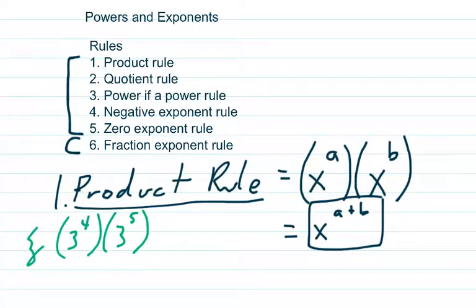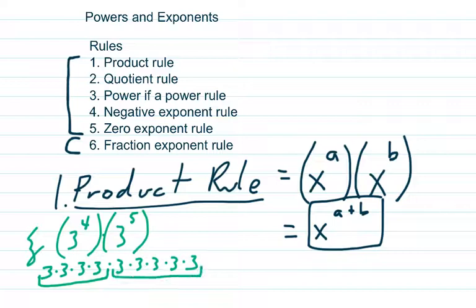So this 3 to the 4, that means I'm going to multiply the base 3 by itself 4 times. And that's all multiplied by another 3 to the power of 5, so 3 times itself 5 times. We can count these up. I've got 4 there, and I have 5 of them there.